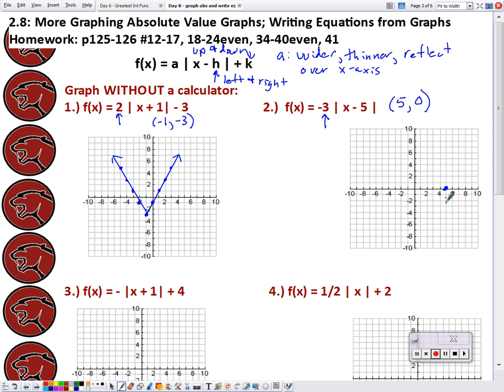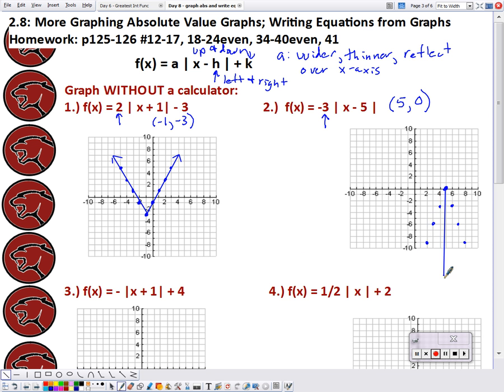We're going to go to our vertex, go down 3, and right 1, and then we're going to go down 3 and back 1 from the other side. Don't forget your arrows.